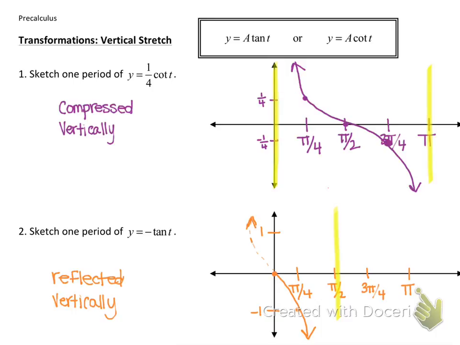I drew a dashed line so you know that the solid is just one period. So then I start up at 3 pi over 4, 1, and then I'm back down at pi. So here, and then if I were to continue, it would look like that. But the solid represents one period of the tangent function.